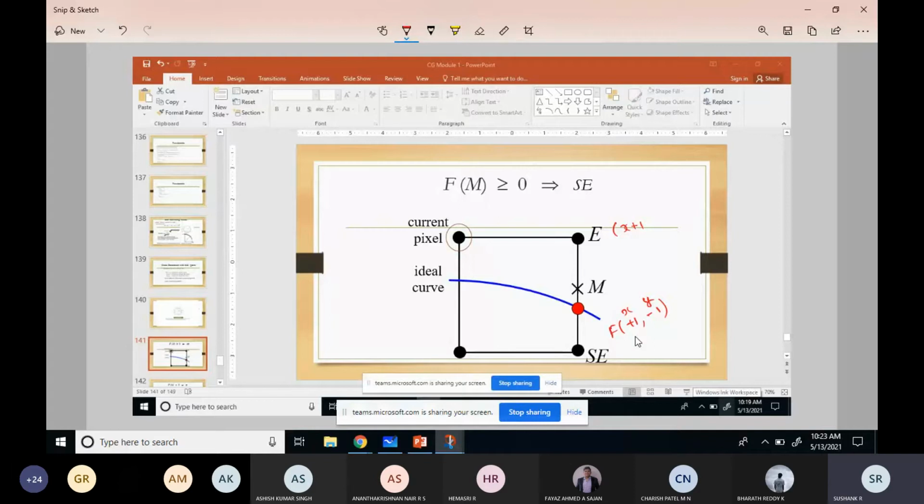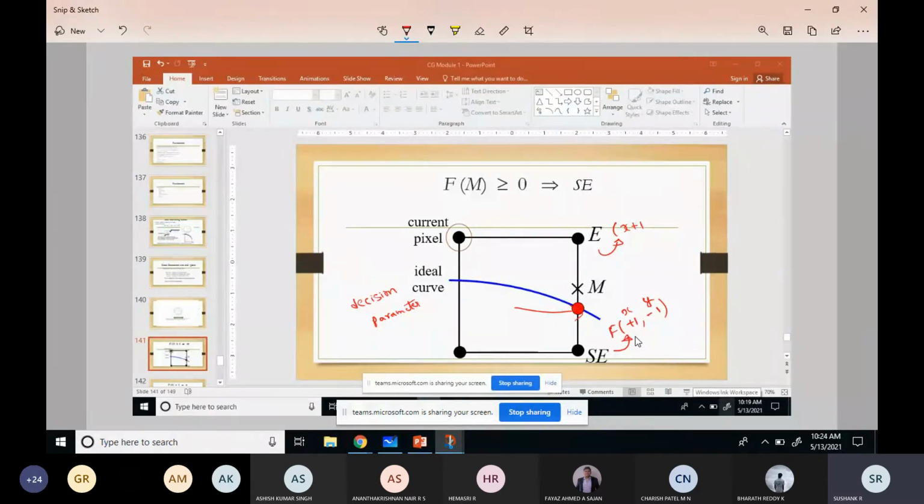For this, if you want to find this function, first you should find the decision parameter. Once the decision parameter is derived, then you can calculate the value of the function when SC is chosen, and when E is chosen.